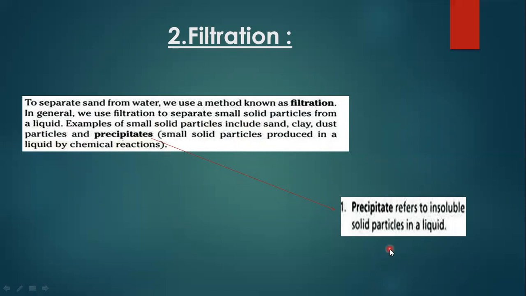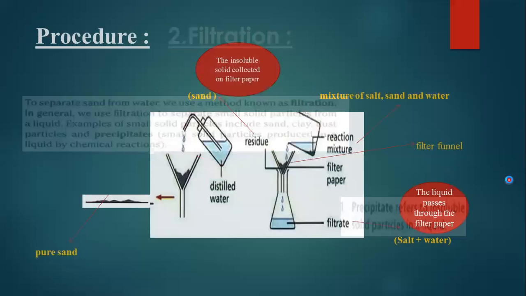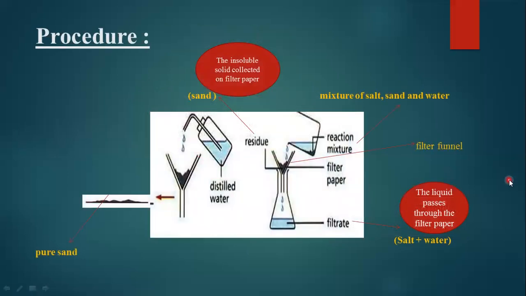So a precipitate refers to the insoluble solid particles in a liquid. For such mixtures, we can perform filtration for their separation. So we will see how the procedure takes place.